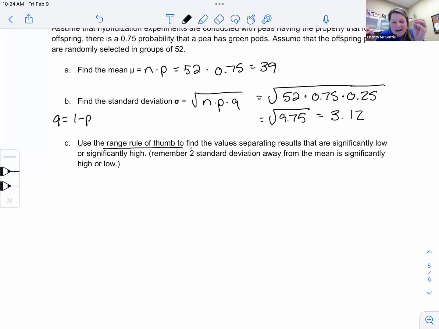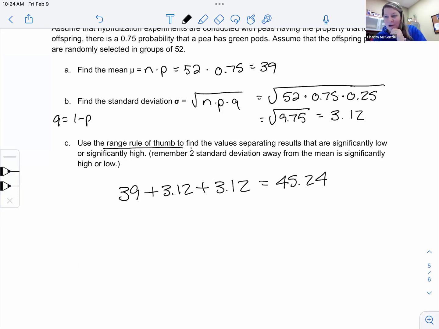We're really just going to take our mean, 39, and add 3.12, and then add another 3.12, and that's going to give me my significantly high. So 39 plus 3.12 plus 3.12 is going to give me 45.24. So anything above 45.24 would be a result that would be significantly high.